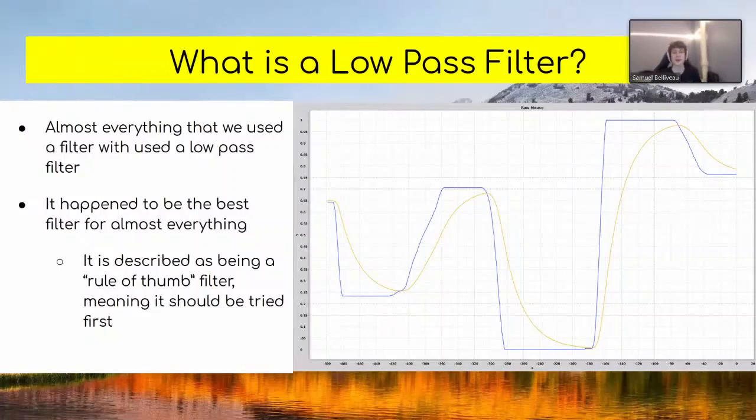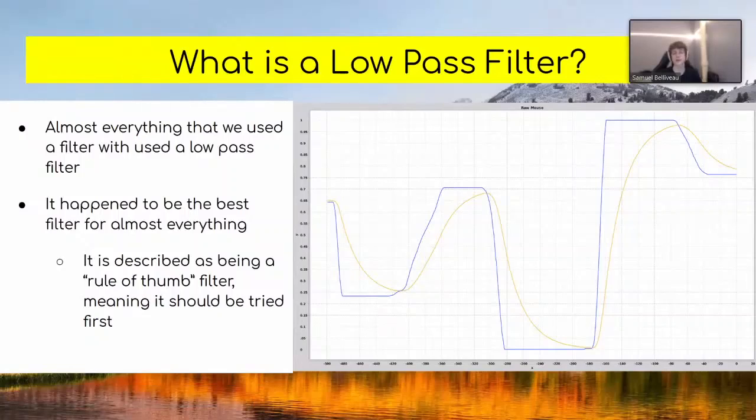It's what's described as a rule of thumb filter, meaning that it should be tried first because most likely it's the filter that you're looking for. The way that it works is a little bit complicated, but you can always go on Wikipedia and check the mathematical description for it. You'll see that it basically exponentially decays towards the input value, sort of smoothing it out.